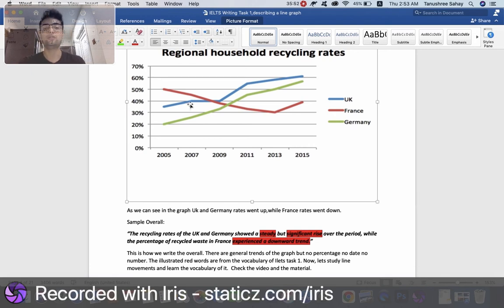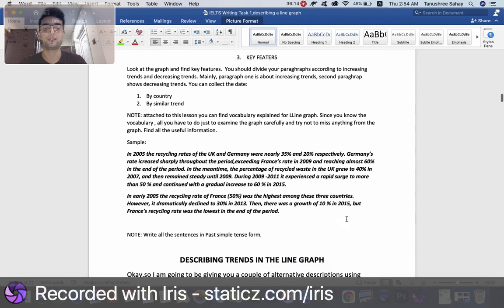And when you describe your line movement, your trends in your graph, if you have a steady movement, that definitely has to be in your sentence, in your explanation. As you can see, from 2007 to 2009, there's a steady movement in the UK's recycling rates.